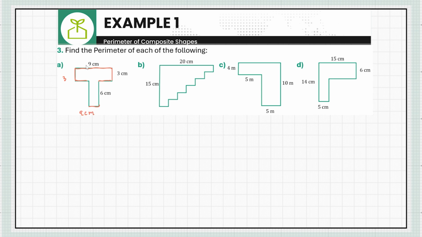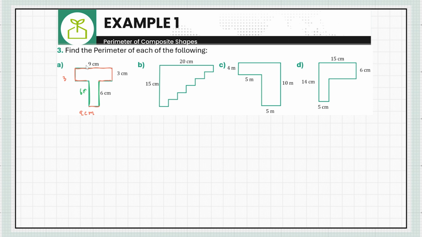So all we're missing here is our 2 remaining sides, which are going to be 6 centimeters. Now it's important to note we don't actually need to know what each one of these little side bits is, because when we add each one up, it's going to be equal to 9 in total.